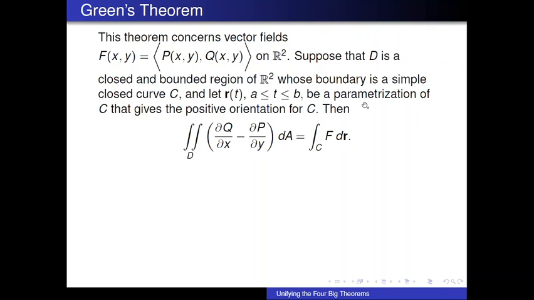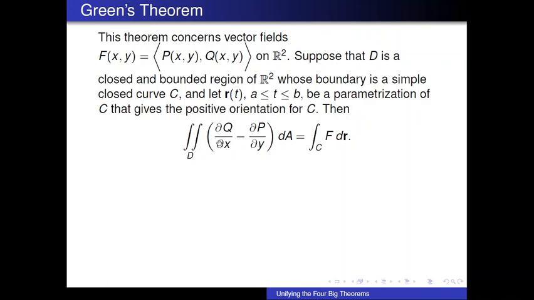Okay, and with that in place then, we got that the line integral of F along C was equal to the ordinary double integral over the bounded region D of this difference: the partial derivative of Q with respect to x minus the partial derivative of P with respect to y.